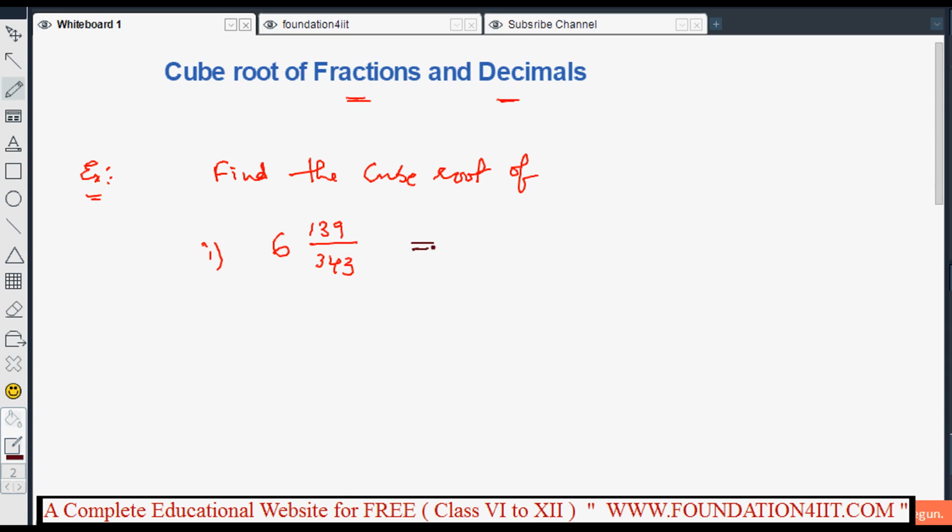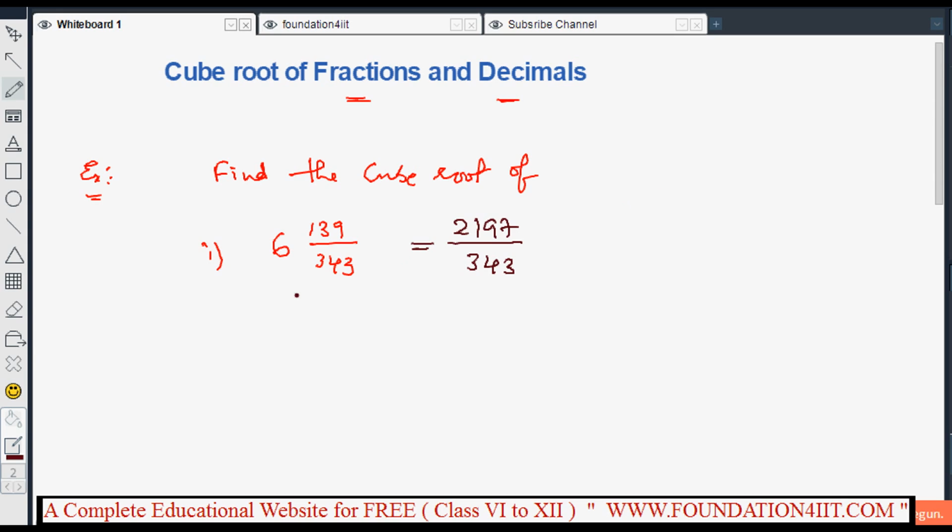Now if we convert into an improper fraction, that is 343 into 6, and that product should be added with 139. Now that result is 2197 by again the same 343. So we have to find out the cube root of this.